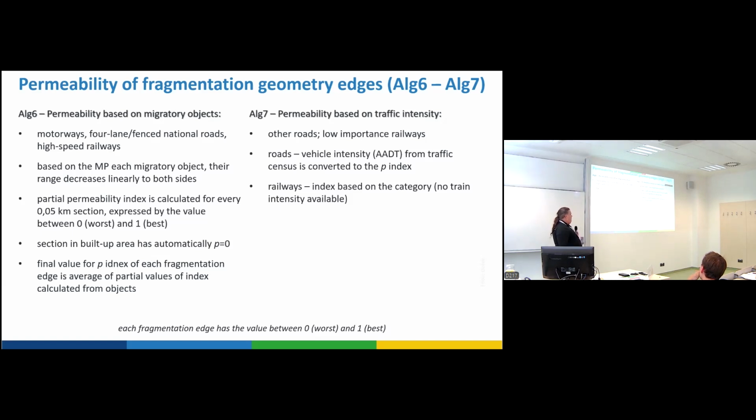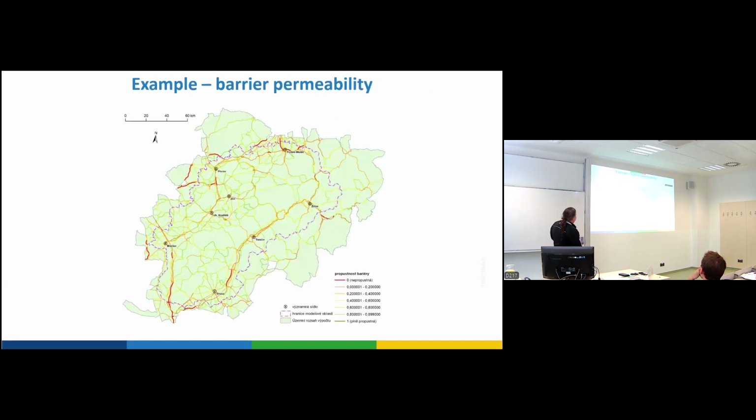It is something like, for 1,000 vehicles you get 0.7, 0.8, while for 10,000 vehicles, I think, it is 0.1, 0.05, something. And the railways are based only on the category, because there are no train intensities available.